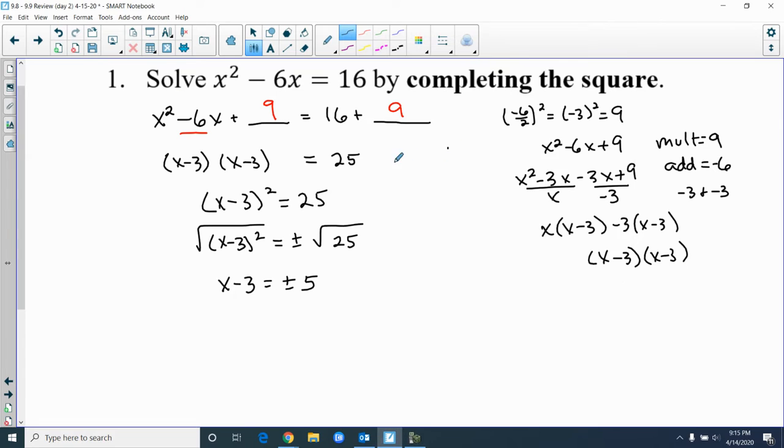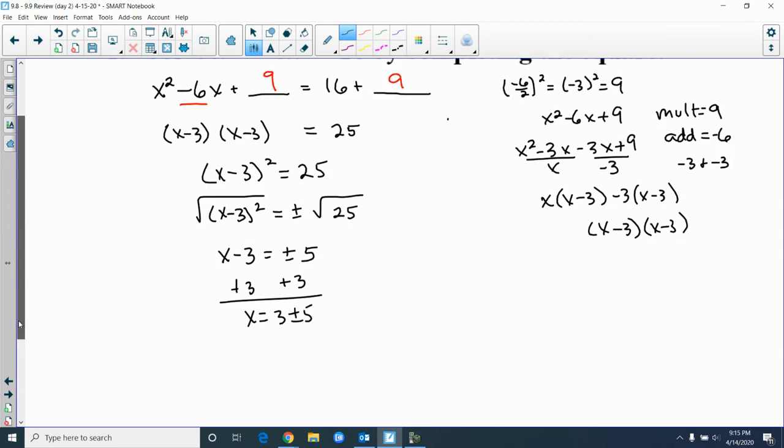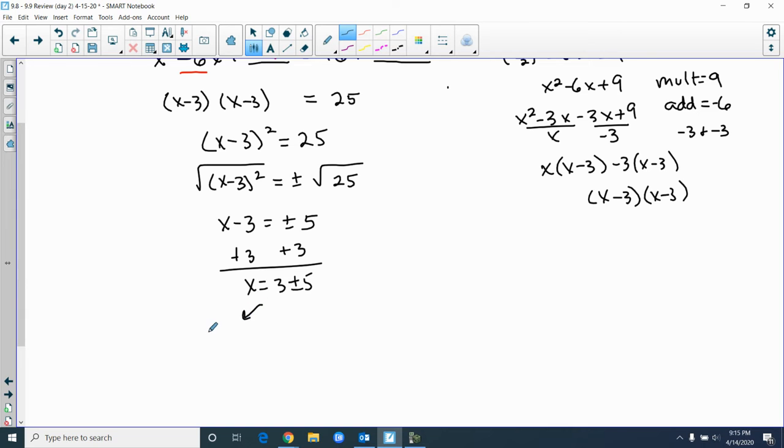Okay? Now, here's where I'm seeing some mistakes. Some of you are just writing -3 plus or minus 5. You have to move that over to the other side, and you get x equals 3 plus or minus 5. Now you got 2 cases here. 3 plus 5, which is 8, and your second case is 3 minus 5, which is -2.